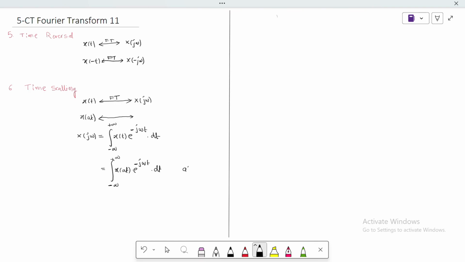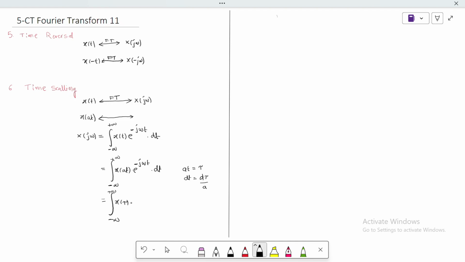Here I am taking at and changing the variable. At is assumed to be tau, so dt equals d tau by a. Changing the variable, the integral from minus infinity to plus infinity of x of tau into e power minus j omega, where t equals tau by a, into d tau by a. Here I am taking the mod of a outside the integral.